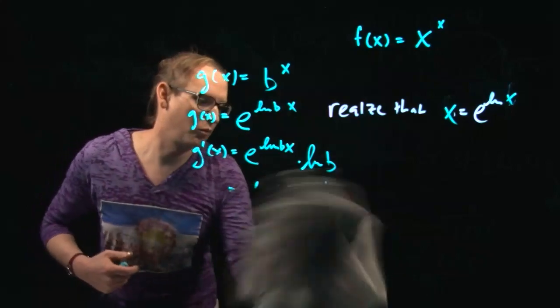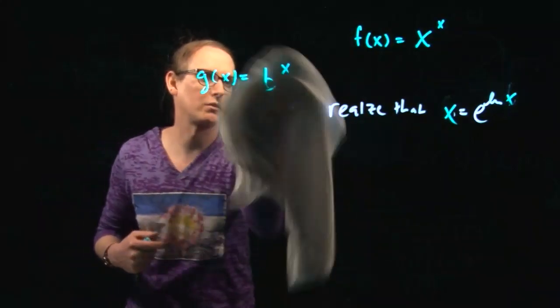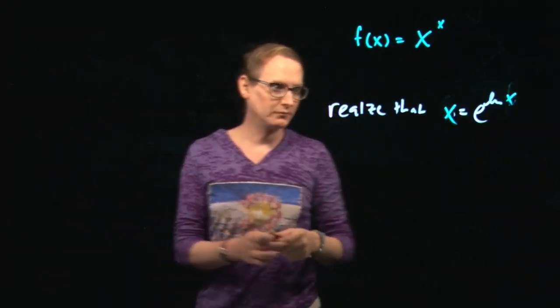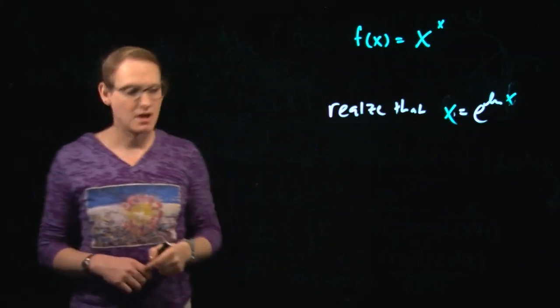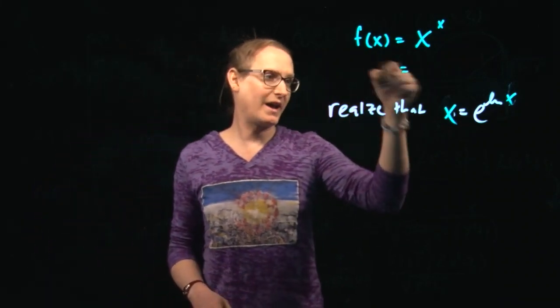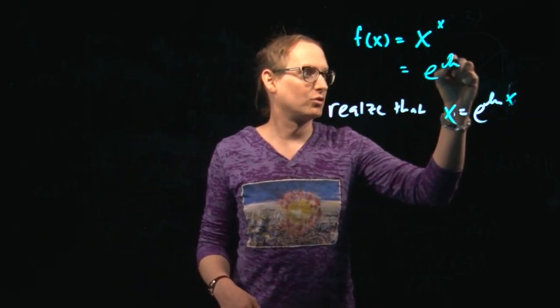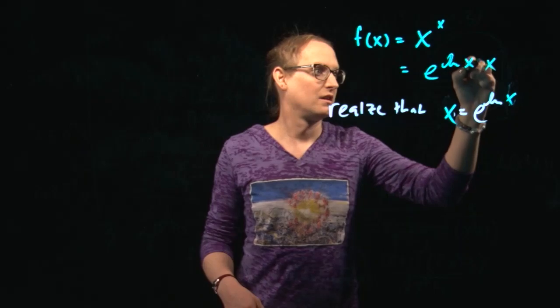I'm going to wipe this content out. Okay, so using this realization that x is e to the natural log of x, we can rewrite f as e to the natural log of x times x.